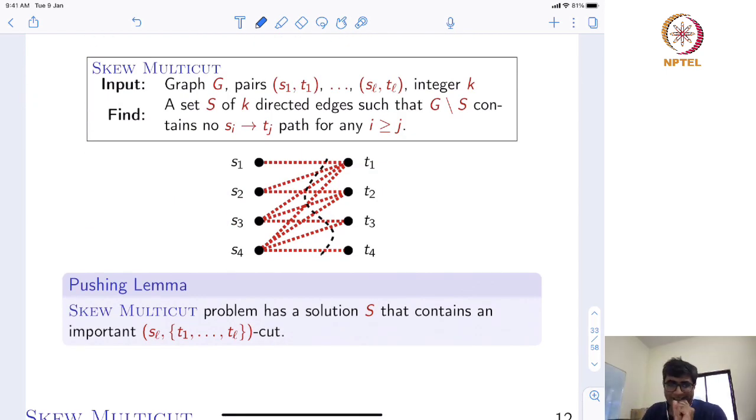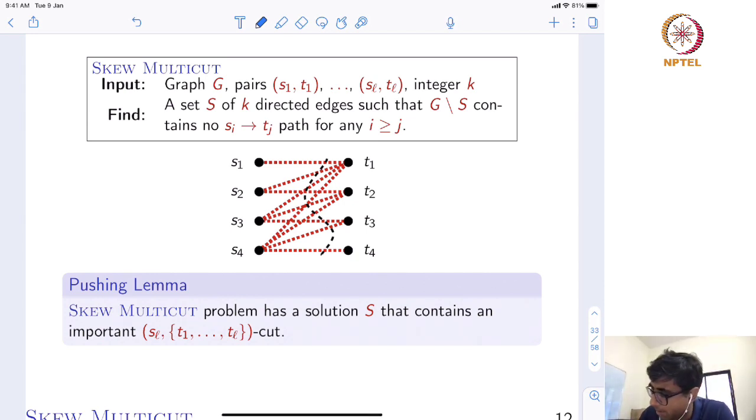Recall the main reason undirected multicut was FPT: we showed that if you fix any terminal and the other set of terminals, then there exists a solution that contains an important S-T minus T cut. Now I cannot show this for any SI and the set of requests it needs to care about, but I am going to show you that at least the following statement is true.